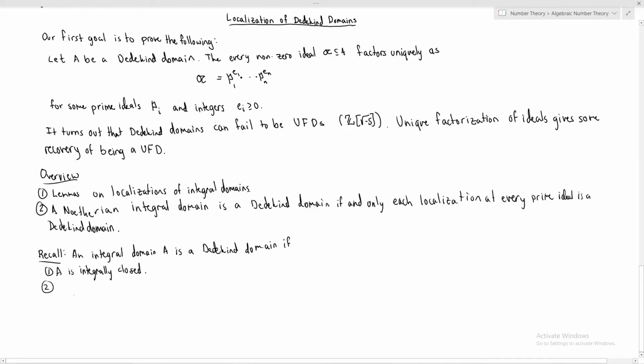Two, every non-zero prime ideal of A is maximal.